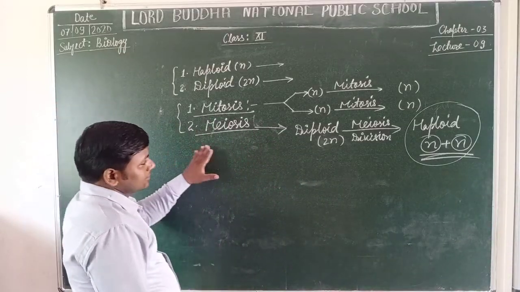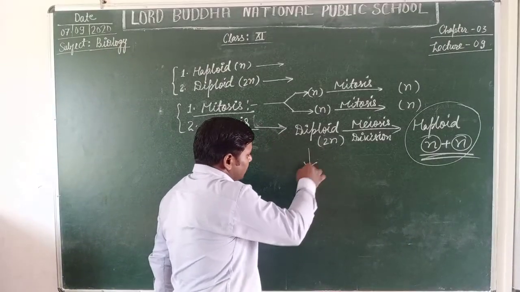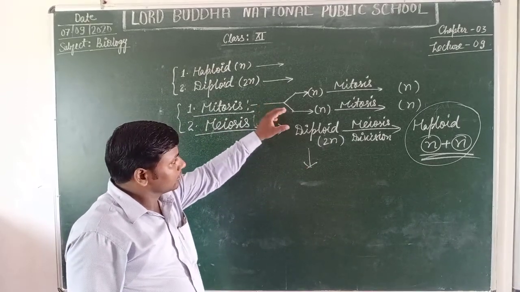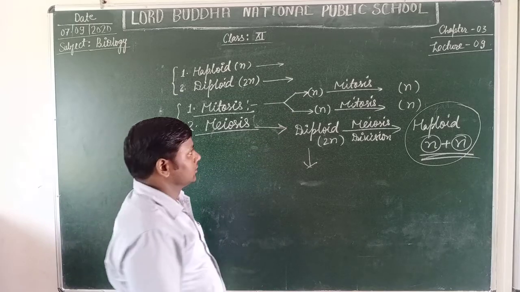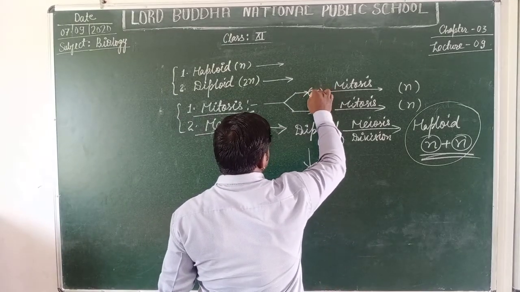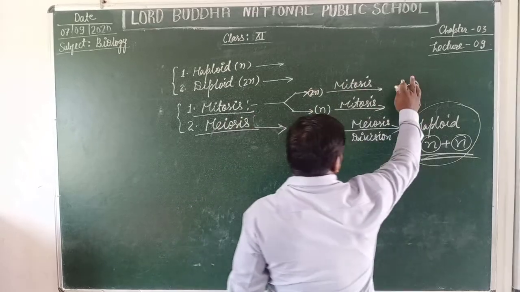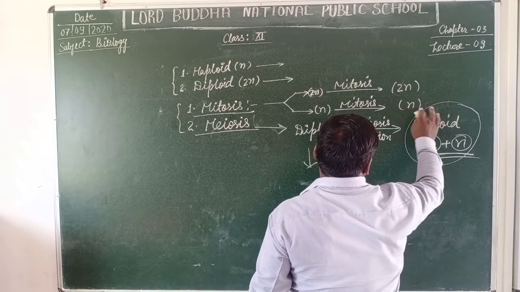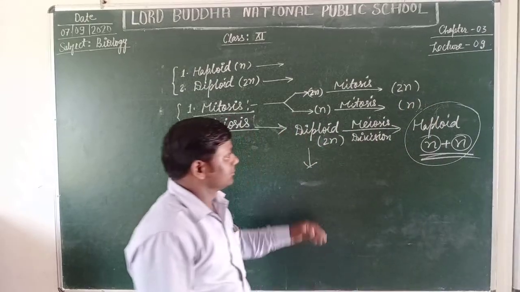Whereas the diploid cells also undergo mitosis division, and when they undergo mitosis division, like here I take the example 2n, then the individual cell is formed with the diploid number of chromosomes, it means 2n.